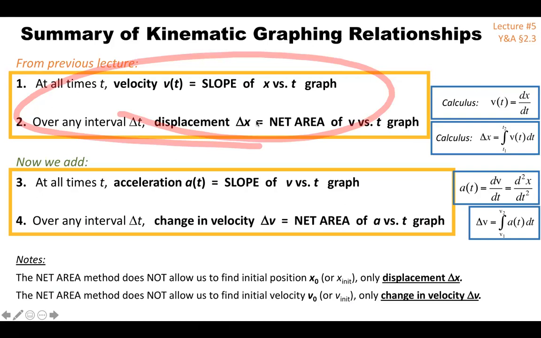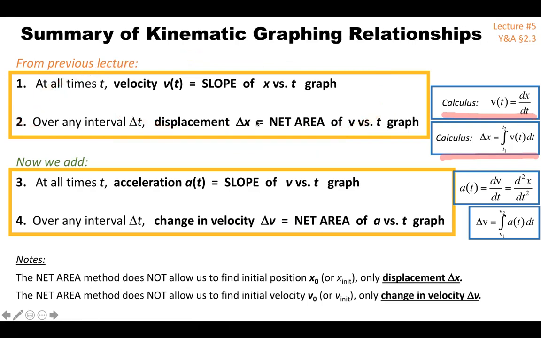And because from calculus, we know that the opposite of differentiation is integration, and integration is finding the area between a graph and the horizontal axis, we can apply that and say that the displacement, which is the difference between two positions, is just equal to the area of the velocity graph.